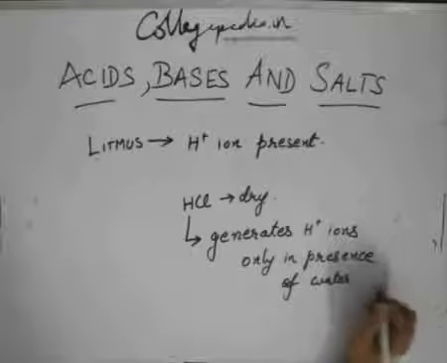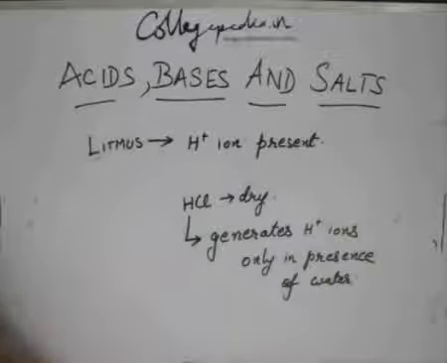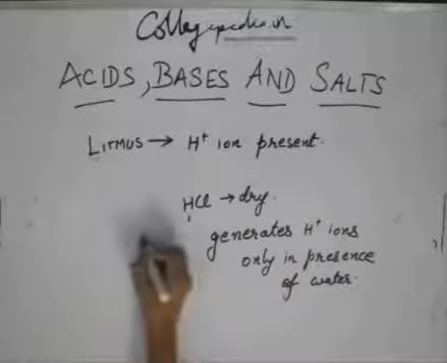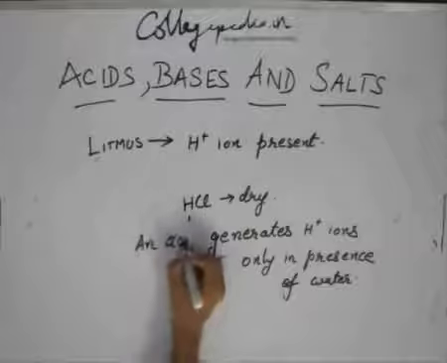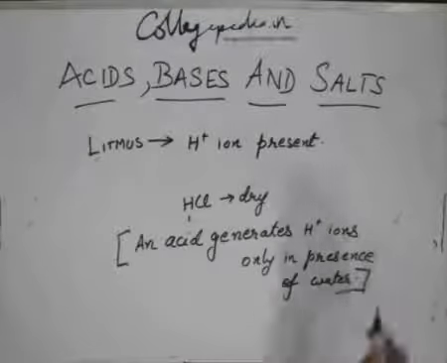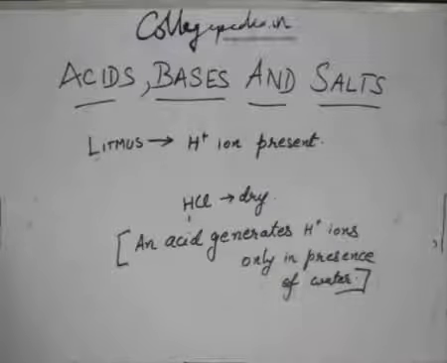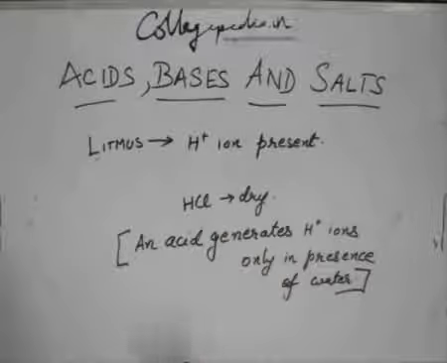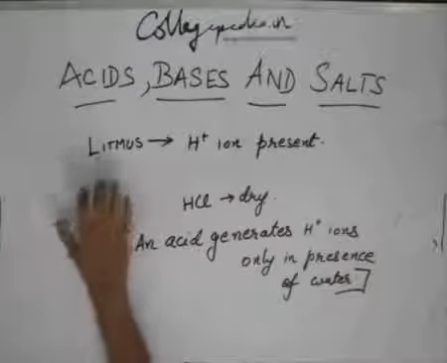This is very important. Acids will generate H+ ions only in presence of water. Now this HCl is dry, so there is no water, so this HCl cannot produce any H+ ions, so that is why the litmus test fails.